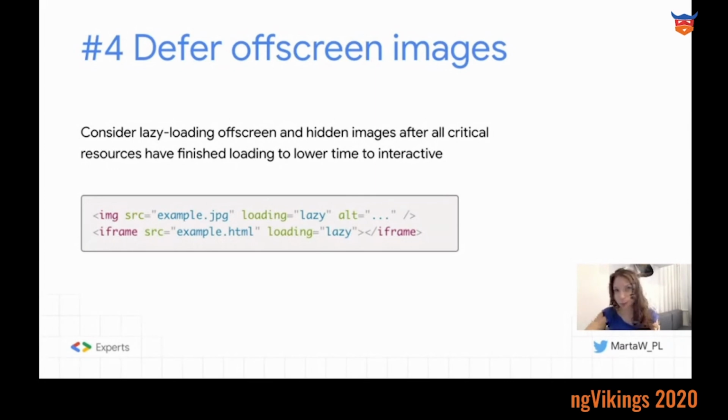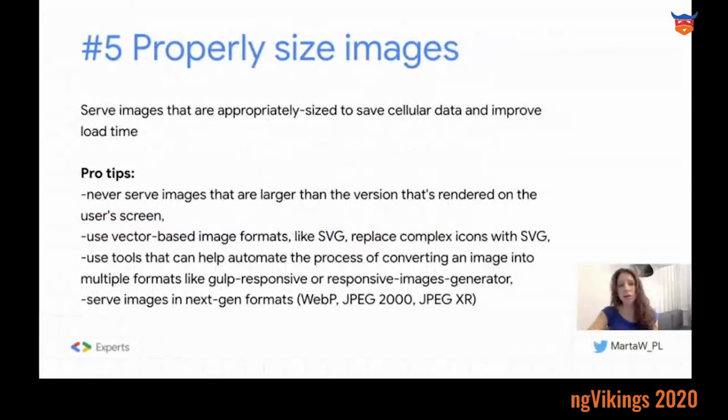If we're talking about images, we should also take care about the size and about the formats. The size should not be too large. If we're talking about proper formats for images, we should use SVG where it's possible. For example, we should replace complex icons with this format.